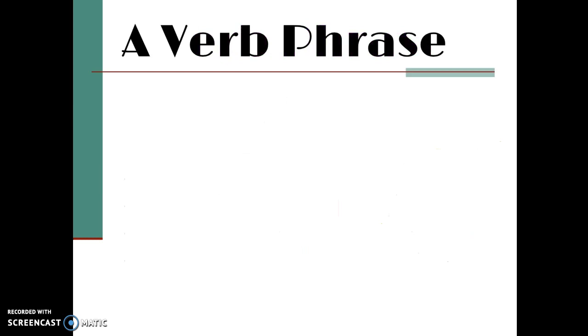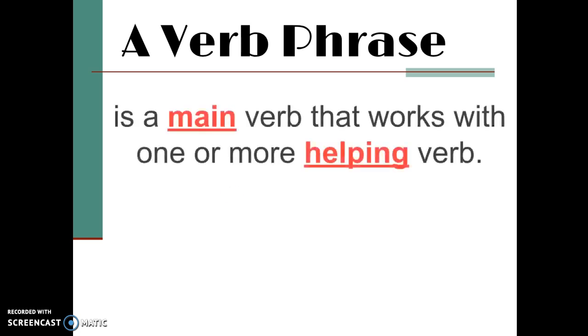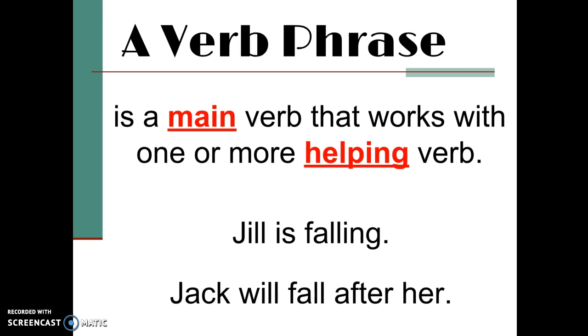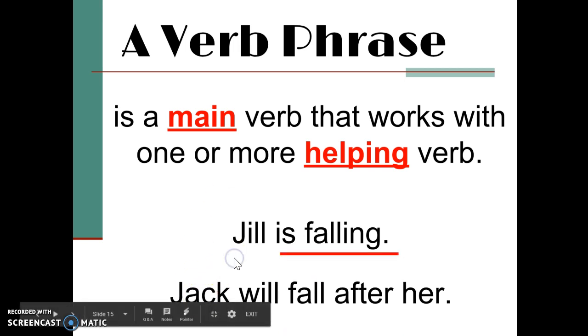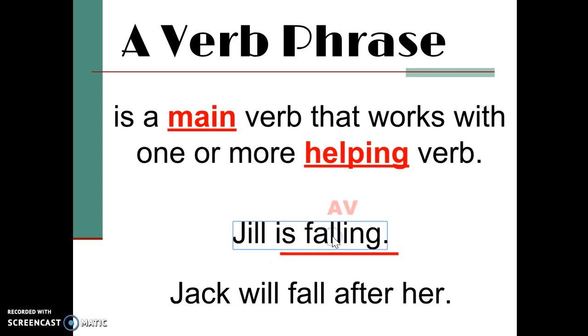A verb phrase, and now you're flipping your book back to page 3, is a main verb that works with one or more helping verbs. Jill is falling. Jack will fall after her. Is falling is a verb phrase. It has a main verb, falling, but the sentence wouldn't make sense to say Jill falling.